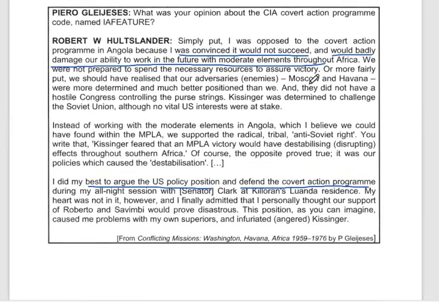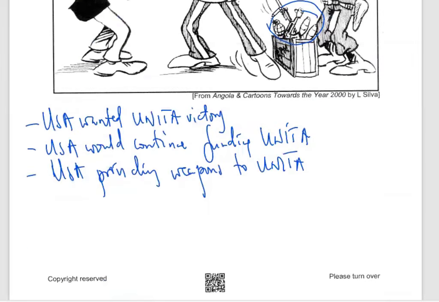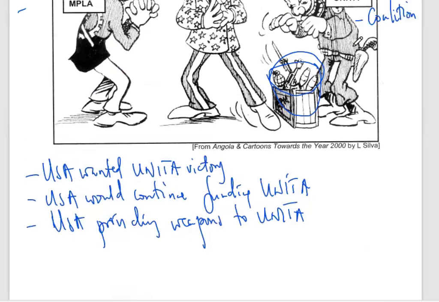That is also shown by this box here, which is being shielded to UNITA in this instance. So the aid, about 22 million US dollars, and this box here with some weapons and some goodies, represents the aid being given to UNITA. So they are supporting each other. Those are some of the elements that you can highlight.